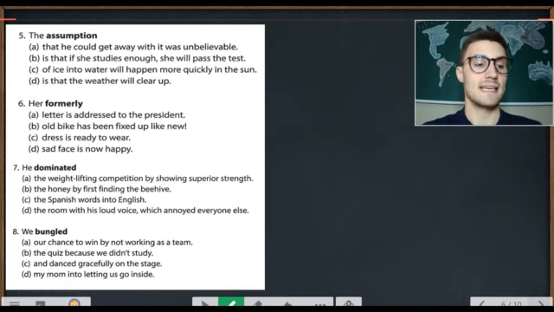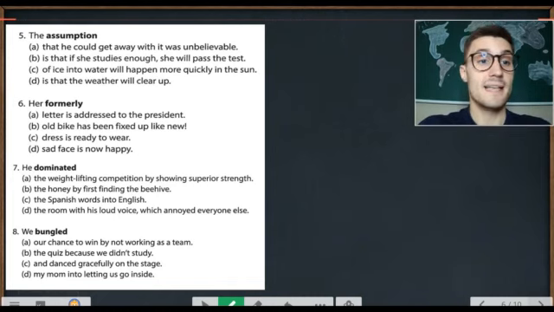So I can see three that are correct: A, B, and D.